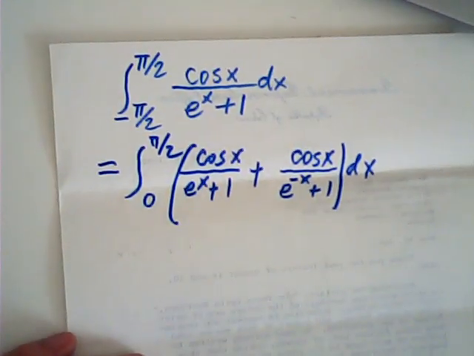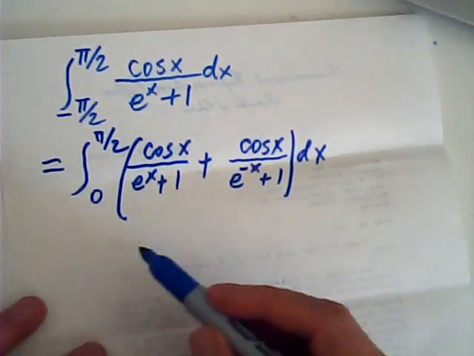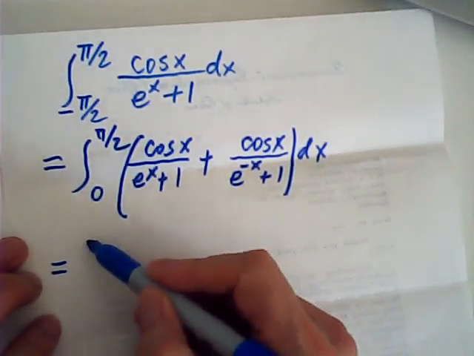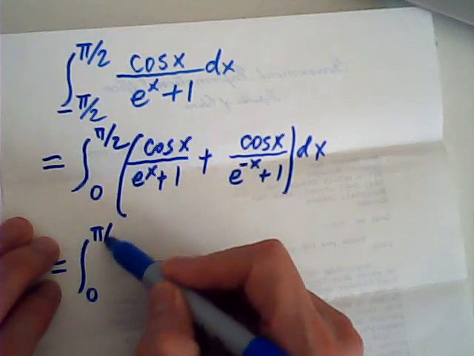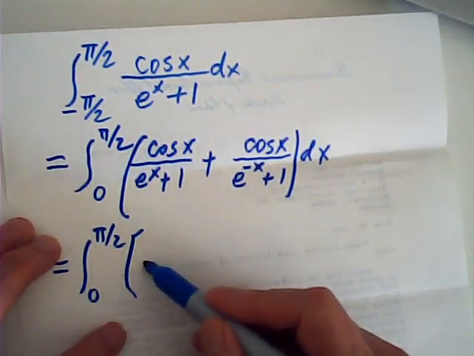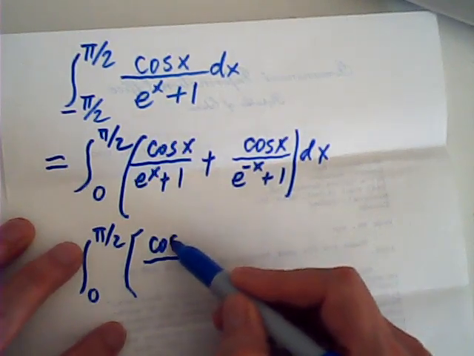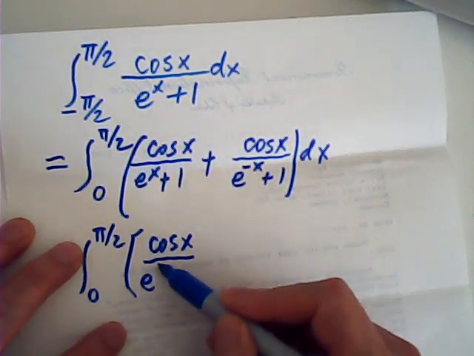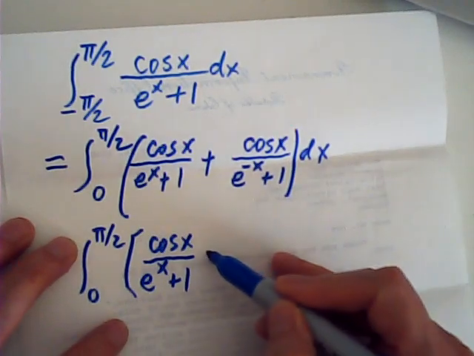Now we have this from 0 to half pi, well, bracket. This is cosine x over e to the power of x plus 1.